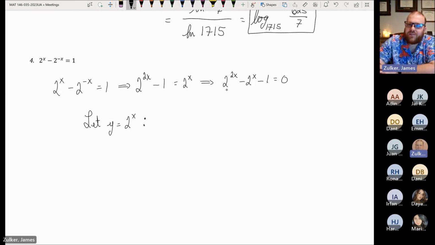Then 2 to the 2x, isn't that y squared? Two to the x is just y. And of course, 1 stays as 1. Y squared minus y minus 1 equals 0. We have quadratic form. And we know how to solve a quadratic.